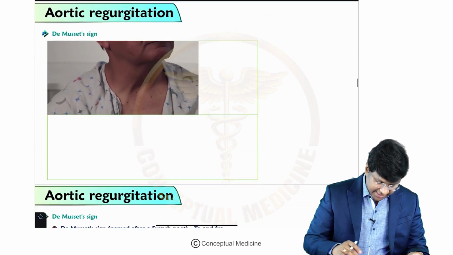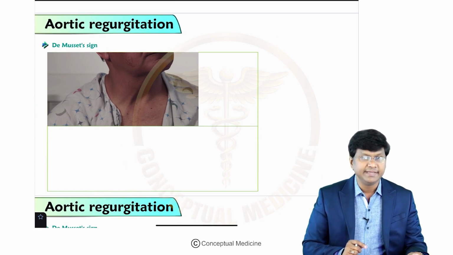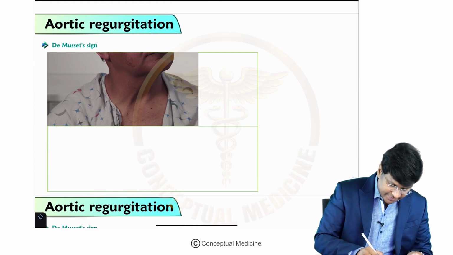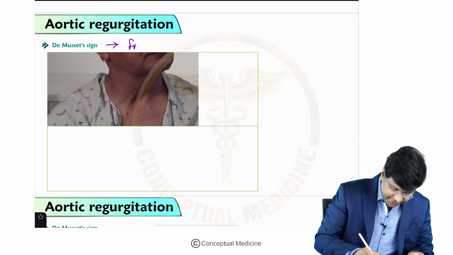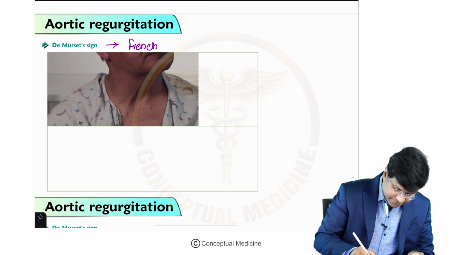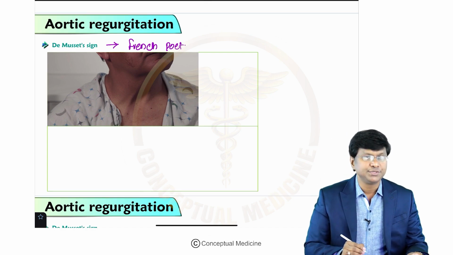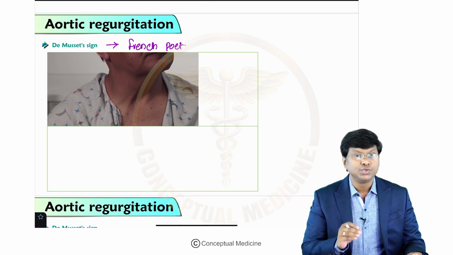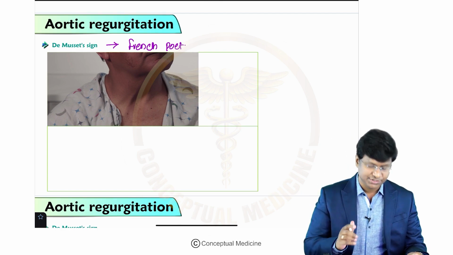Then we have another important peripheral sign within the neck itself, called the de Musset sign. The name de Musset is after a French poet. What you will observe in the de Musset sign is to and fro head nodding synchronous with carotid pulsations.